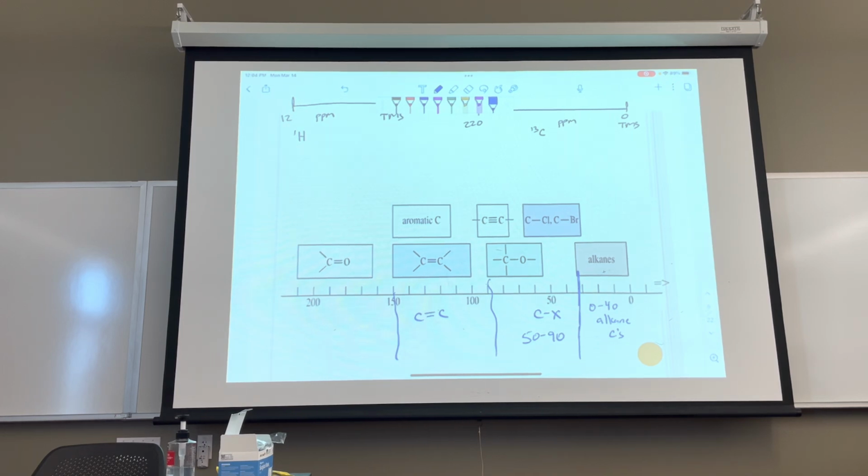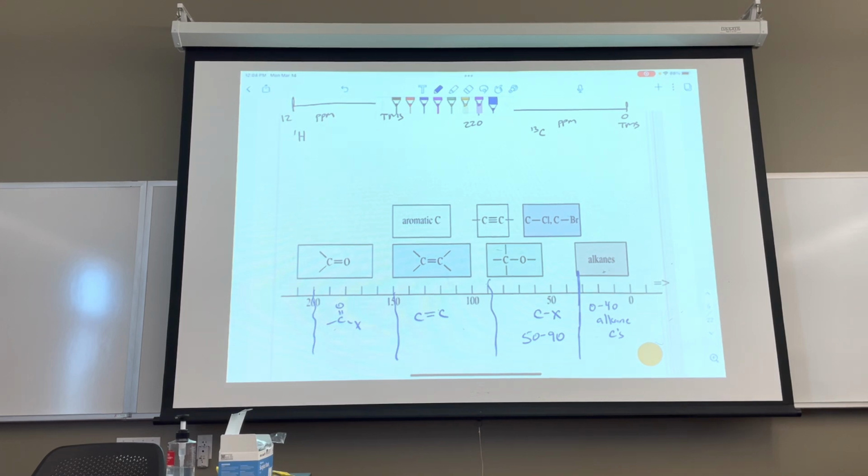Once we get out beyond 150, really the only type of carbons that appear out there are carbonyls. And we can subdivide that a little bit further. So I would say 150 to 200, that's where you're going to find carbonyls attached to heteroatoms. So what would that look like?